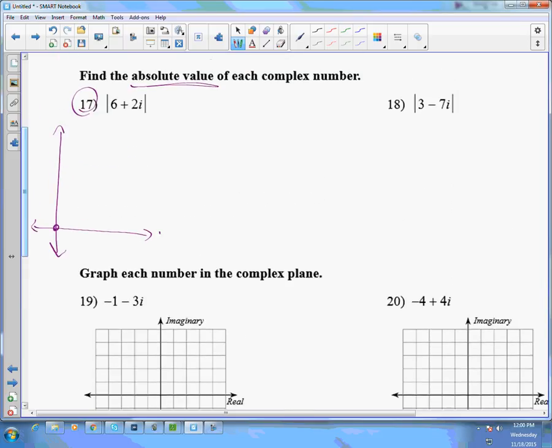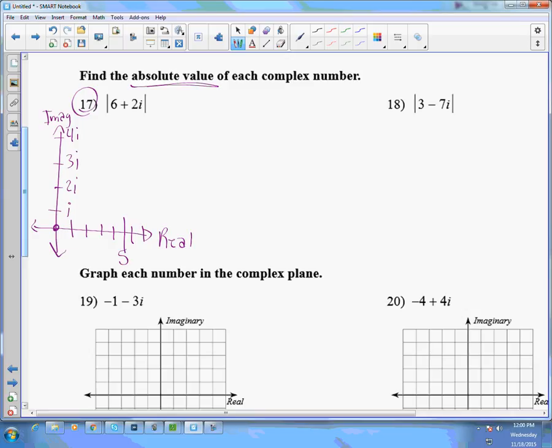Real counts by 1, 2, 3, 4, 5, 6, 7. The imaginary axis counts by 1i, 2i, 3i, etc.